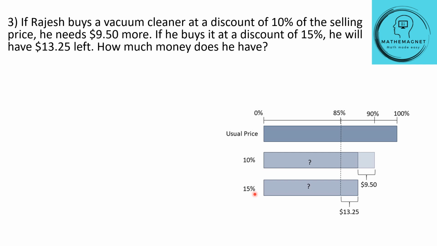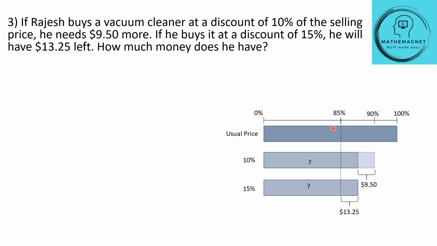So if he buys at a 15% discount, assuming that he has the same amount of money as per the earlier hypothesis, here if it is 85%, he will have an excess of $13.25. If it is 90%, he runs short of $9.5. If it is 85%, he has an excess of $13.25. Now from this bar model, it is very evident that between 85 and 90%, which is a 5% gap, this 5% gap will be equal to 9.5 plus 13.25, correct? Seeing this bar model, between these two, 85 and 90%, it is this plus this, correct?